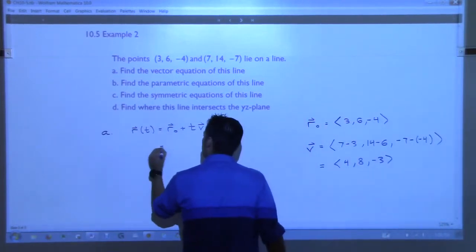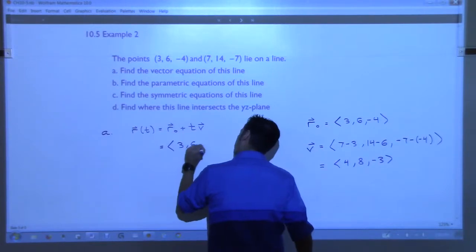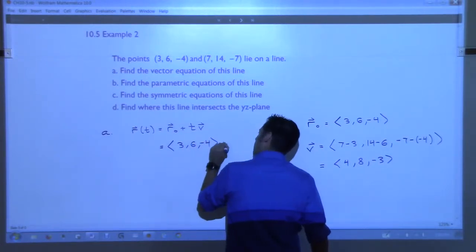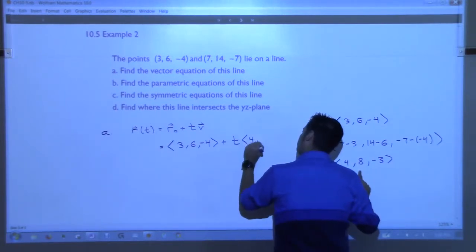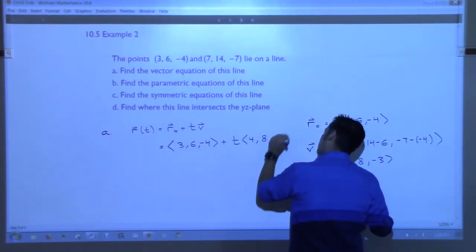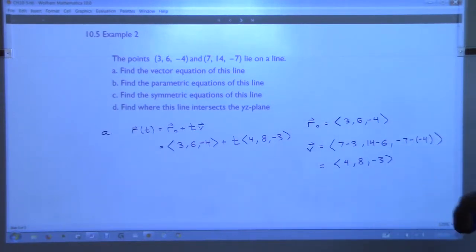So this is going to be the vector 3, 6, negative 4 plus t times the vector 4, 8, negative 3. And what I'd like to do now is put these together, all right? Because these are vectors, we can add them. All right, we can add them together.